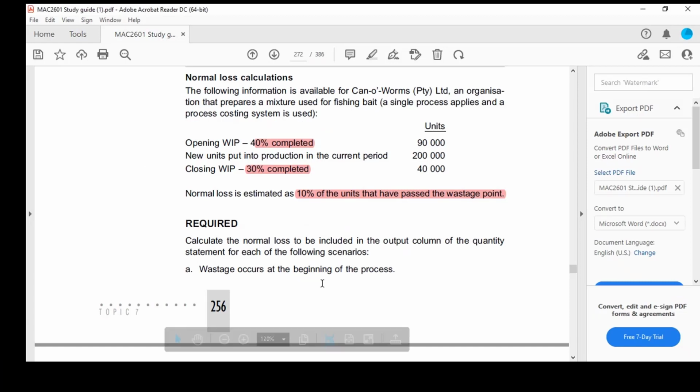The normal loss is estimated at 10% of the units that have passed the wastage point. I'm just trying to see when was the wastage point. Okay, 10%. So it's past the 10%, so you'll have to deduct it. Remember, 10% is the size, but the wastage point is at the beginning. So the opening WIP will be deducted by that wastage point if it's at the beginning.